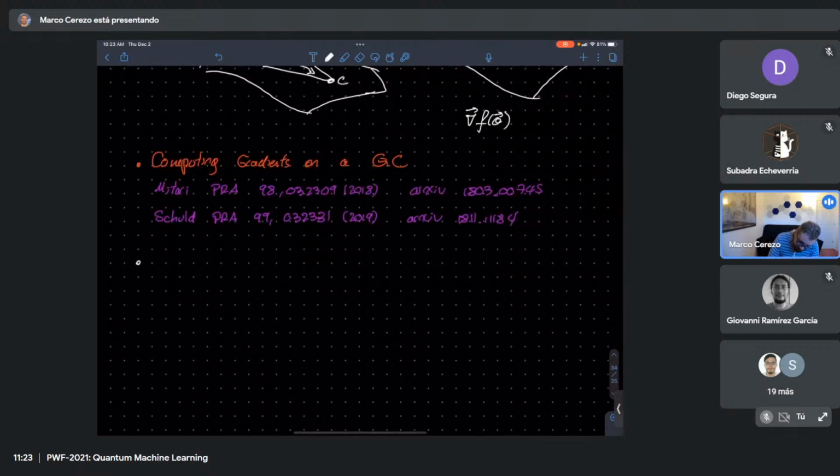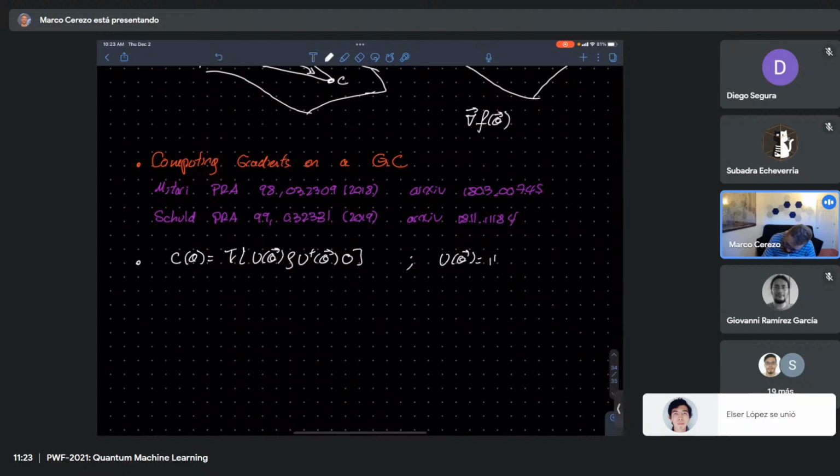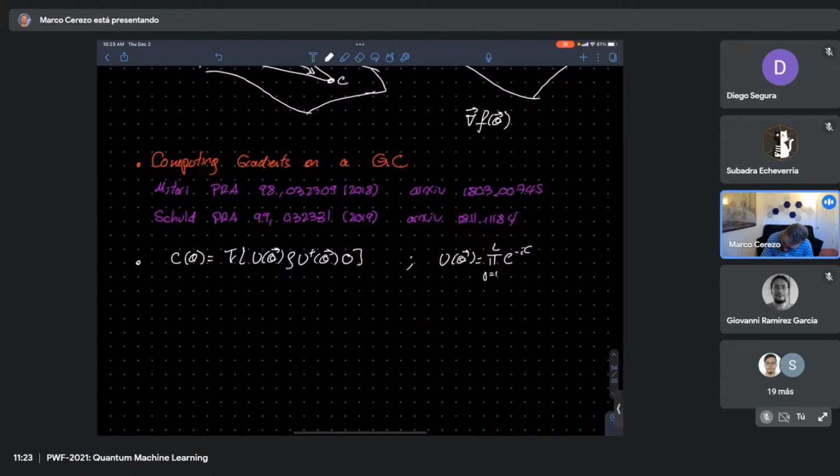So let's recall what are the assumptions that we've been making to sort of understand how this is derived. So the first thing is that we know that our cost function is going to be of this form. So we have rho, U dagger of theta, O. And we've assumed that U of theta is some general circuit that has a form that looks like this: e to the minus i theta_j divided by 2 sigma_j, where sigma_j is just some Pauli string.